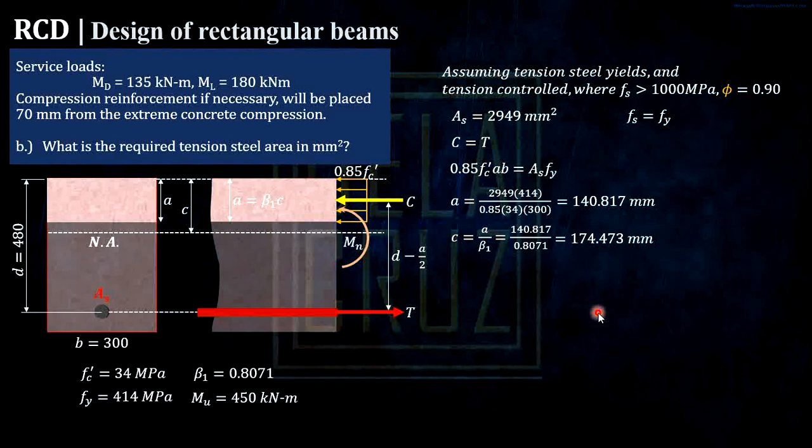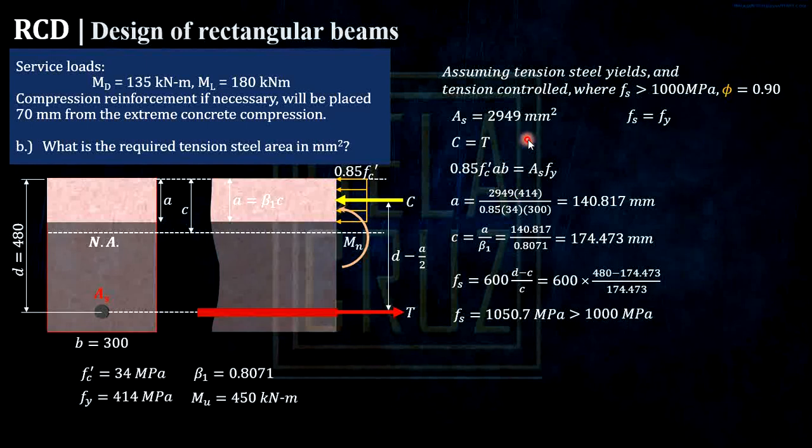Now, let's check the actual Fs, where Fs is given by that formula. You should really memorize this. It can be derived, but the solving time becomes too long, so just memorize it. Then substitute, and Fs is 1050.7 megapascal, which is truly greater than 1000 MPa.